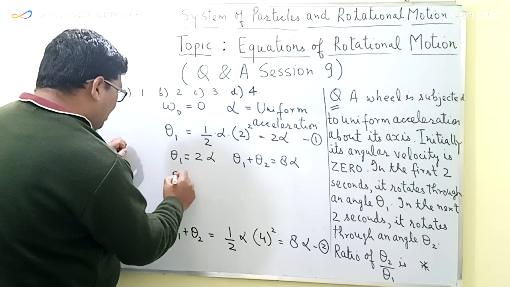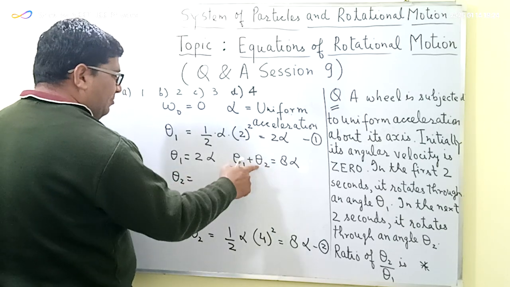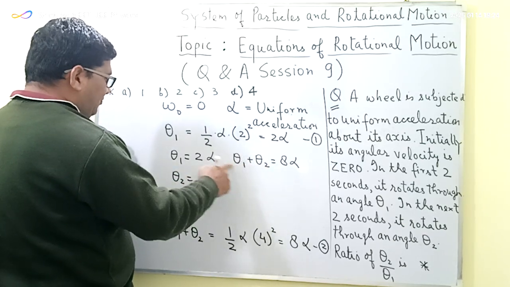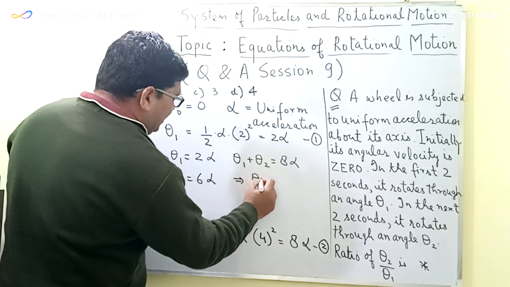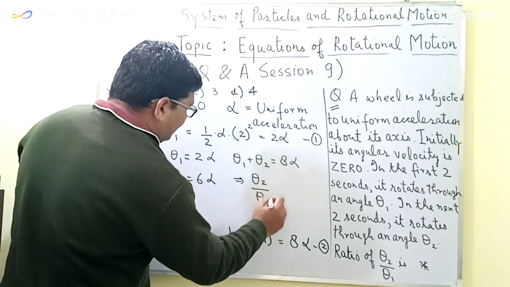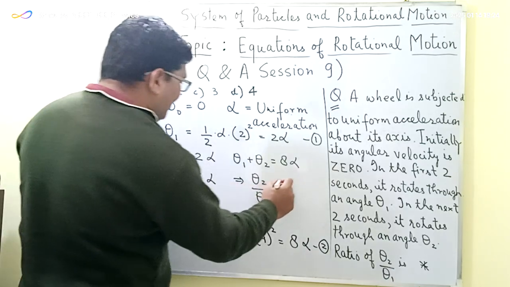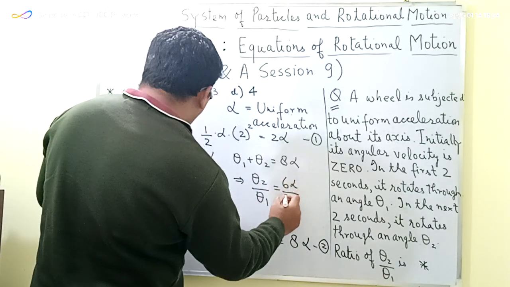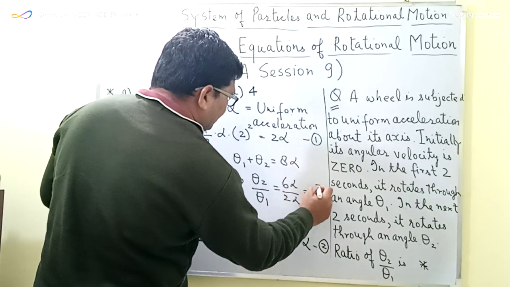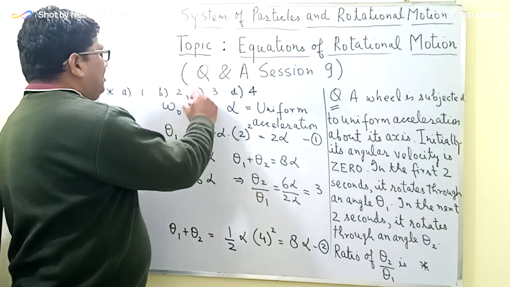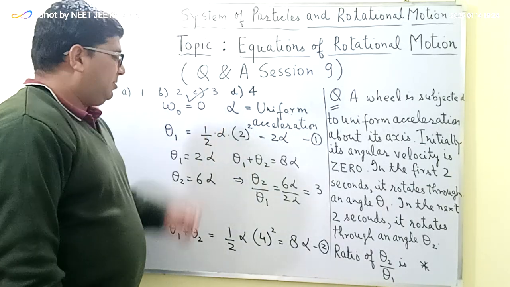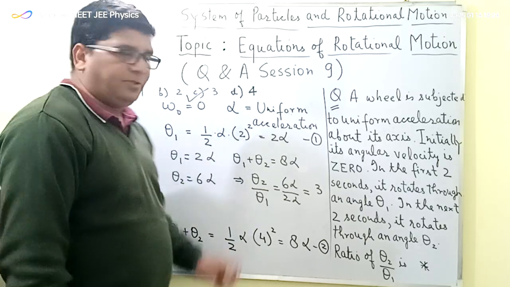So theta 2 will be equal to 8 alpha minus theta 1, which is 2 alpha, which is equal to 6 alpha. So it implies that theta 2 upon theta 1 is equal to 6 alpha upon 2 alpha, and this is equal to 3. So the correct option will be C, that is theta 2 upon theta 1 is equal to 3.